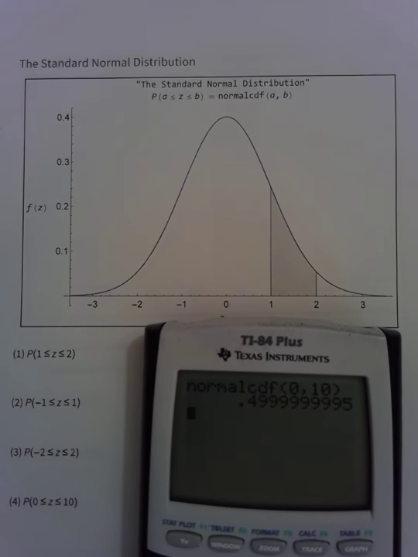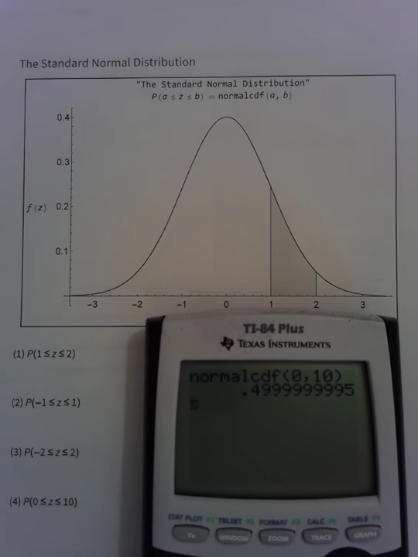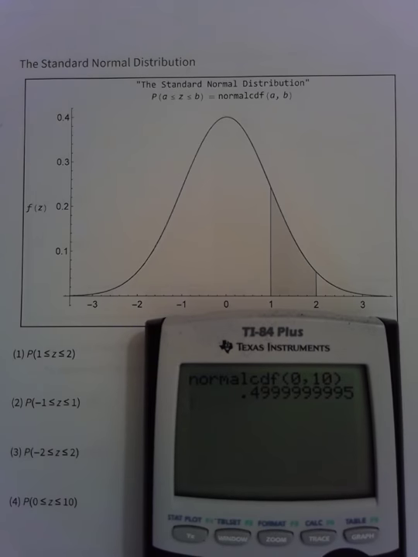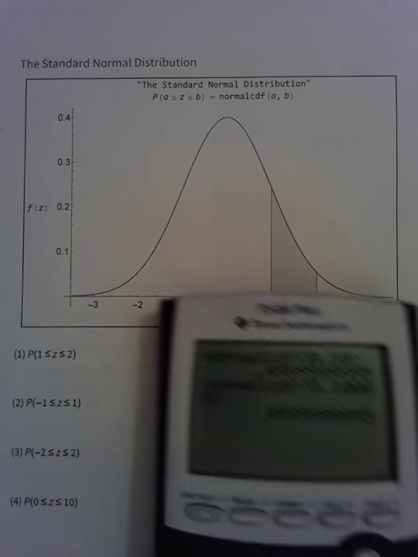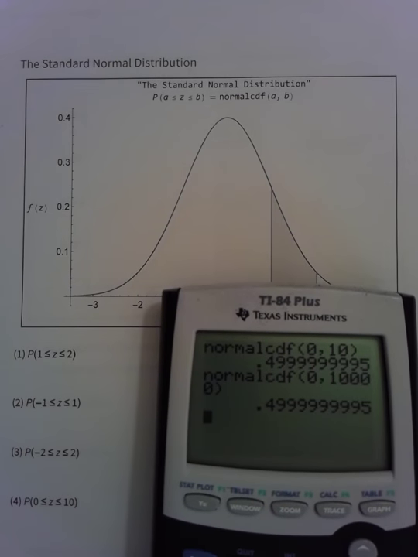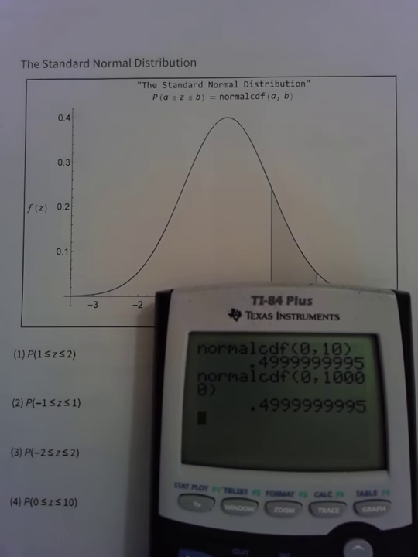And notice I get almost 0.5, 0.4999995. And in fact, no matter how high I go, I'll get the same answer, because of the way the TI works, but rounded to the 4th, 5th, 6th, 7th, 8th, 9th, or 10th place, that's 0.5.